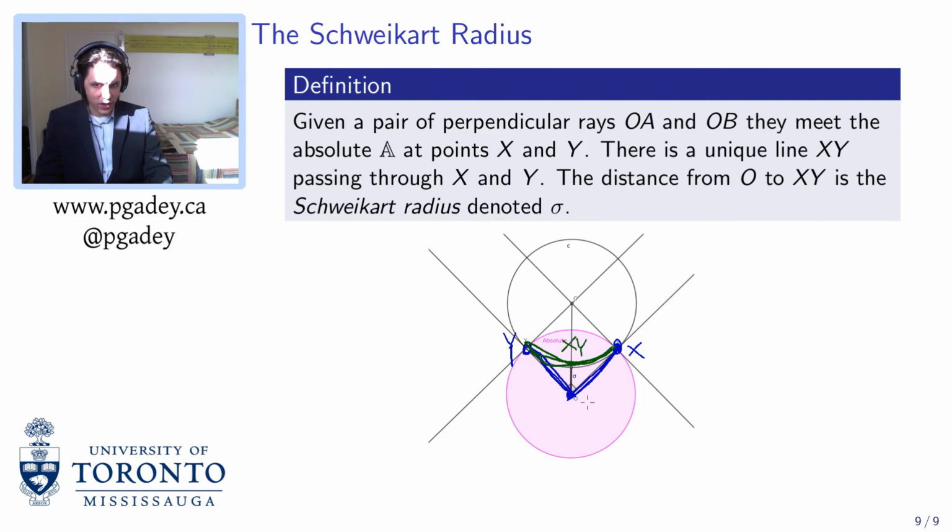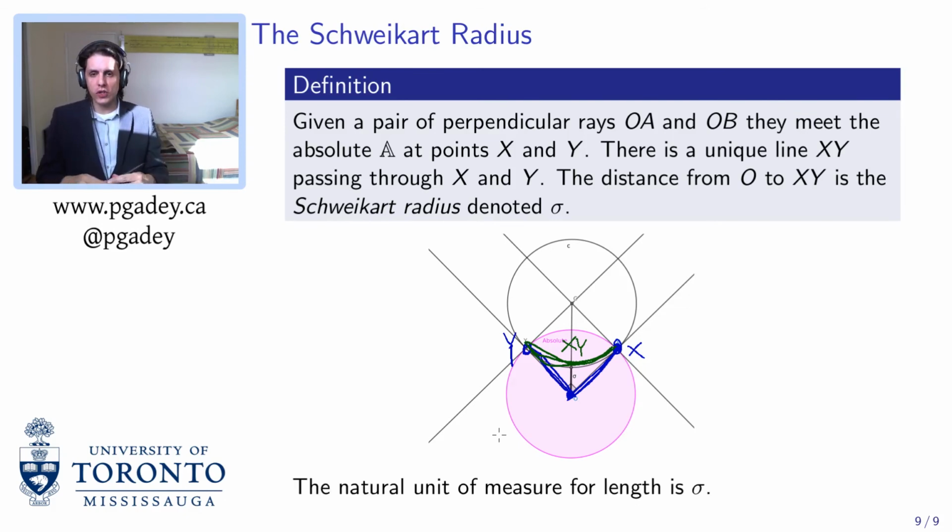This is the arc xy. And the distance from the origin to that arc xy is a unit of length that depends only on the structure of the hyperbolic plane. This gives us a natural notion of length, which we call sigma.